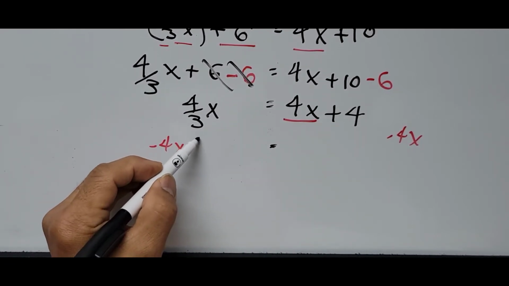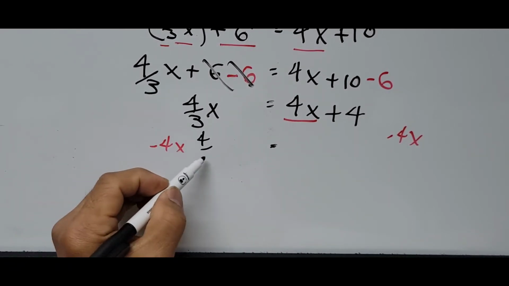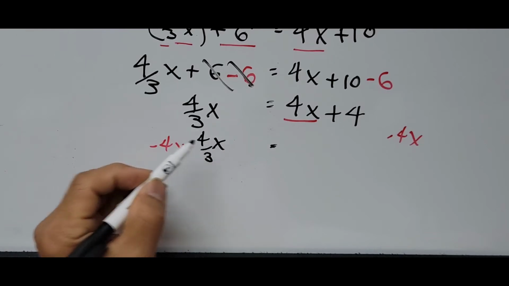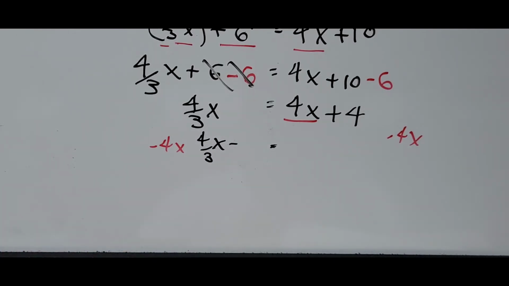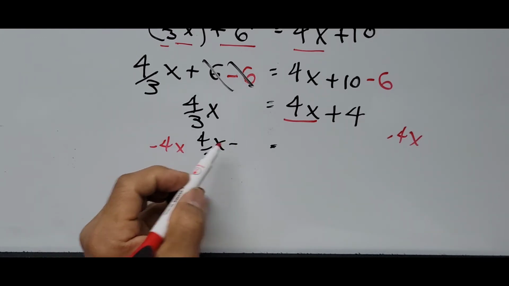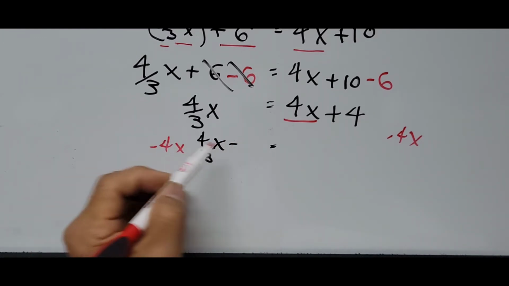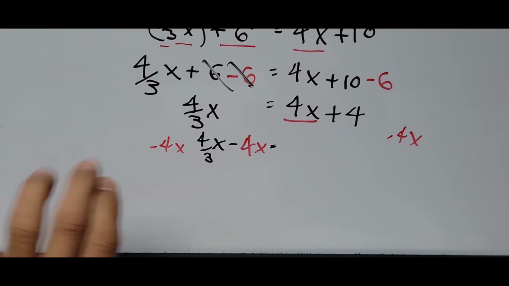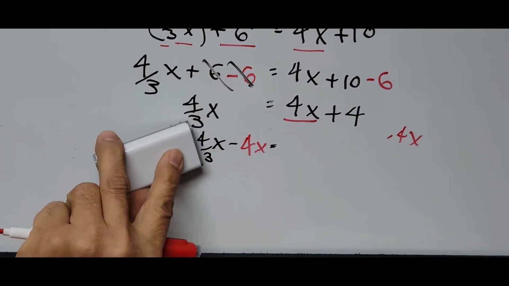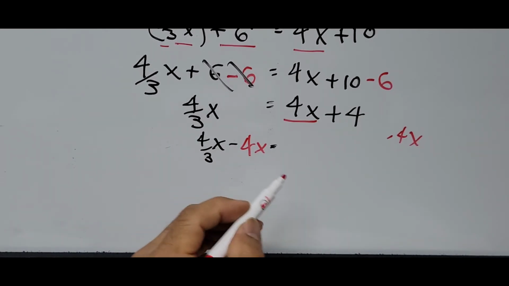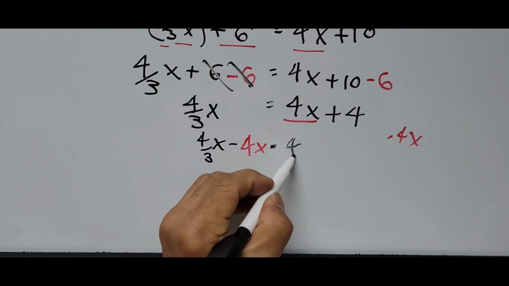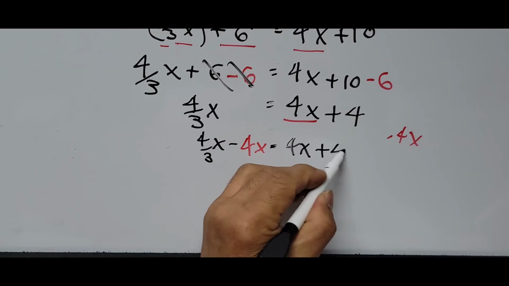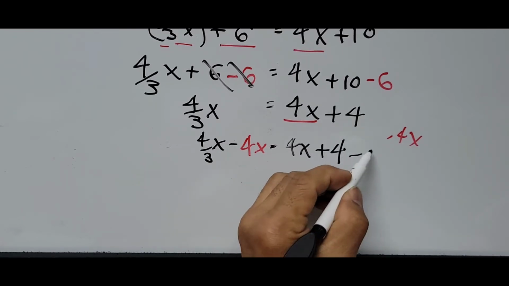So 4/3 x minus 4x equals 4x plus 4 minus 4x.